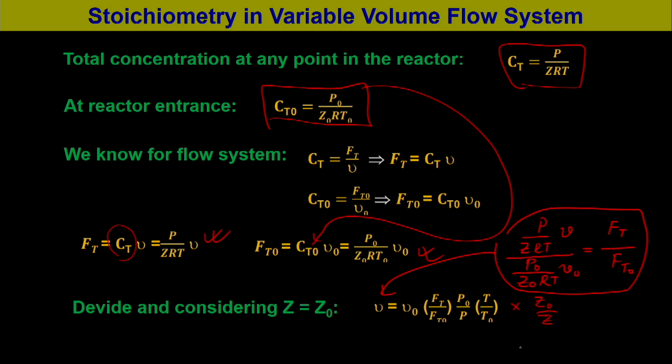If we consider Z, the compressibility factor Z would not change much at the reactor entrance and at any point in the reactor. So, this we can take as 1. In that case we would obtain this relation.